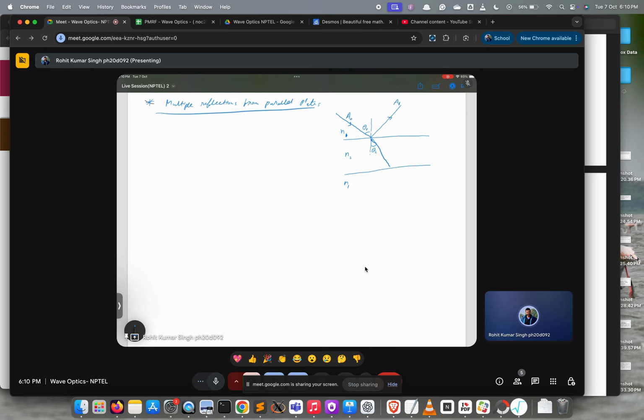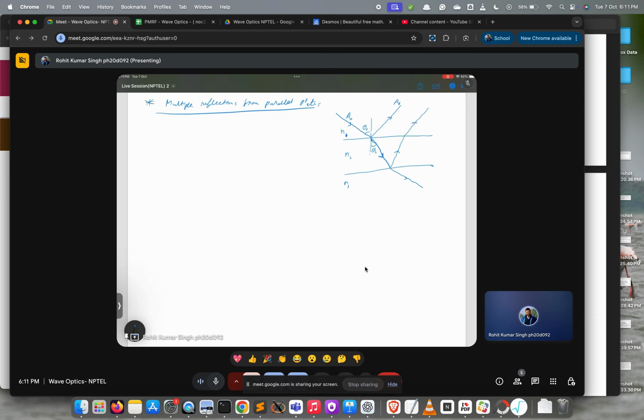Its amplitude, let's call it a1, and then again it will reflect from the bottom, and it will also transmit. This is basically a slab, you can think of it as another medium. Like when we studied the thin film, we had something like this, right?